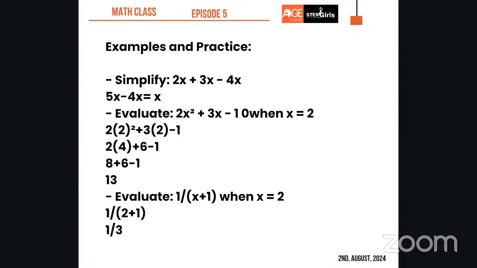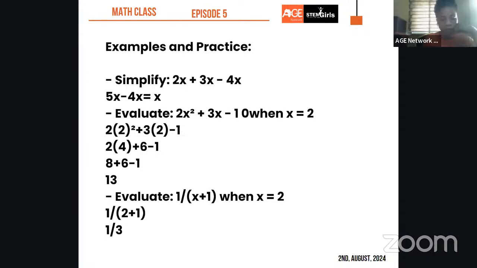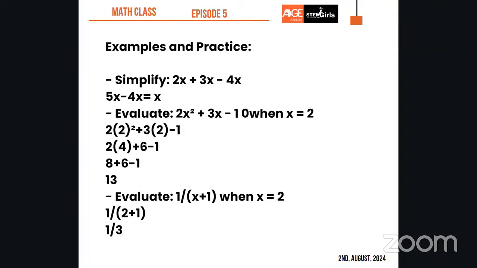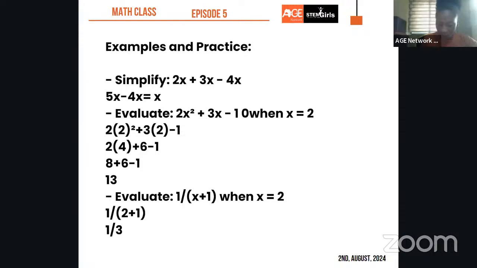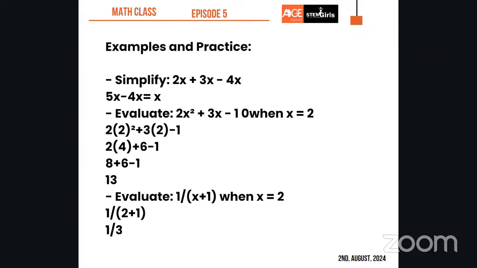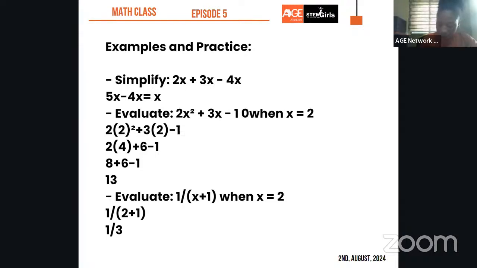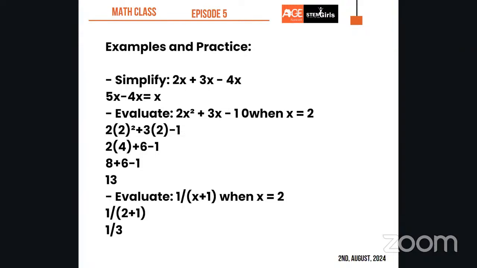Now, we have 2x squared. There is x there. That's 2 multiplied by your x squared. Your x is 2. Substitute 2 wherever you see x. So you have 2 into bracket 2 squared, plus 3x. There is an x there, put 2. So that's plus 3 times 2, minus 1. Now, 2 squared is simply 2 multiplied by 2, which is 4.